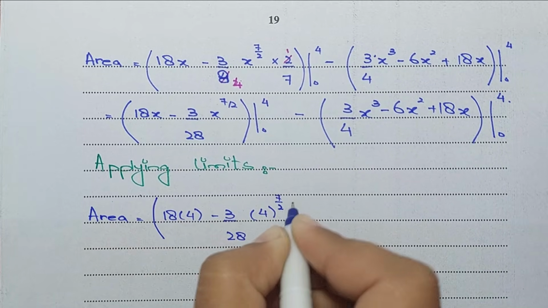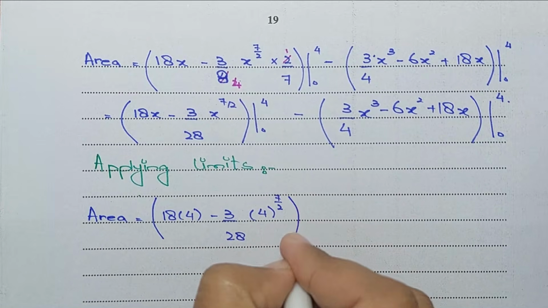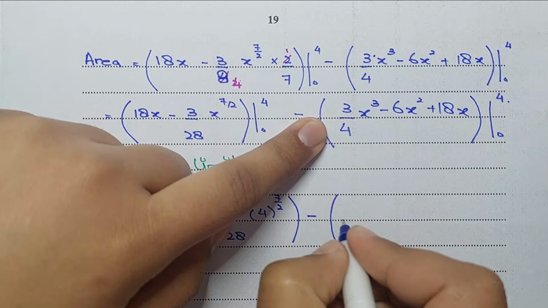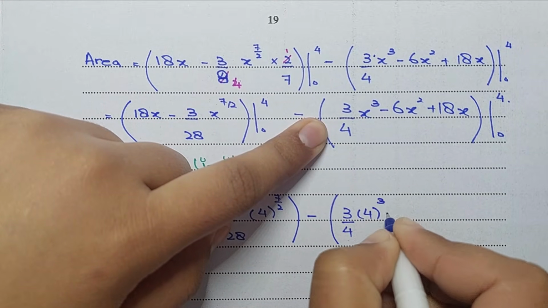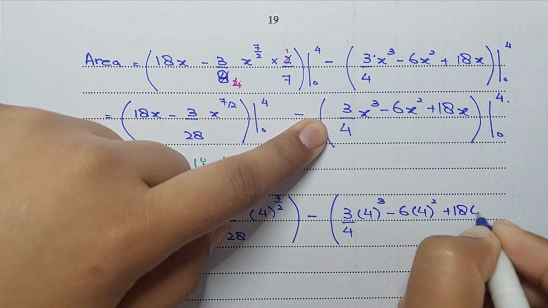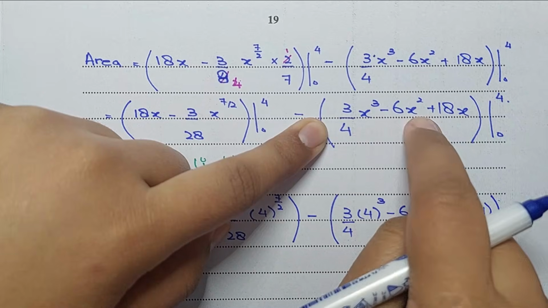This is the upper limit. Subtract the lower limit, this is 0, no need to use it. Minus, for this one, the upper limit is 4 again. 3 by 4 into 4 cube minus 6 into 4 square plus 18 into 4. This is the upper limit. Subtract the lower limit, which is 0.